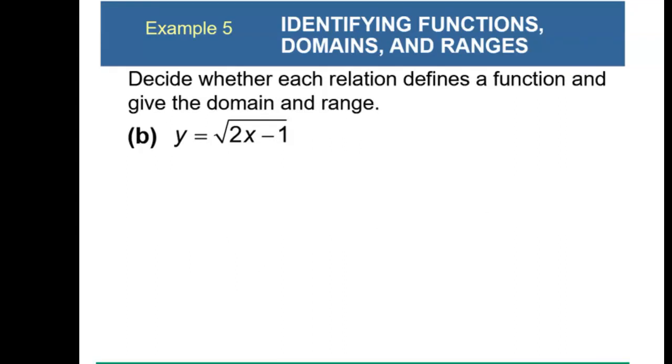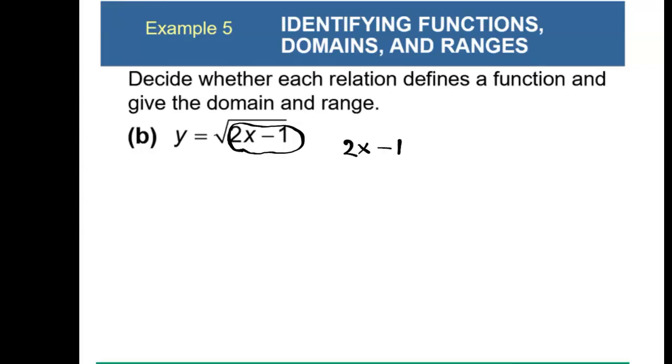Okay, moving along. So here we have y equals the square root of 2x minus 1. One way to tackle this problem would be to graph it, right? If you do not know what the graph looks like, you can rely on algebraic methods. We know that the quantity under the radical would have to be non-negative because we can't take the square root of a negative number and be in the real number system.